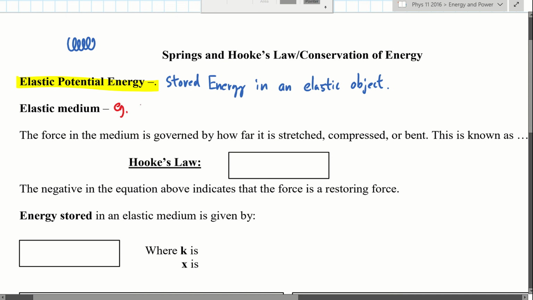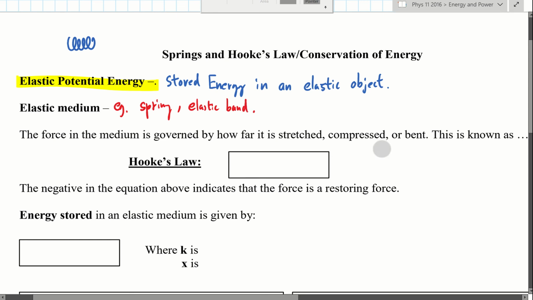Okay, so what are some elastic mediums? A spring would be an obvious choice. But you can also have an elastic band, a rubber band, or a bungee cord, or a lot of other things.